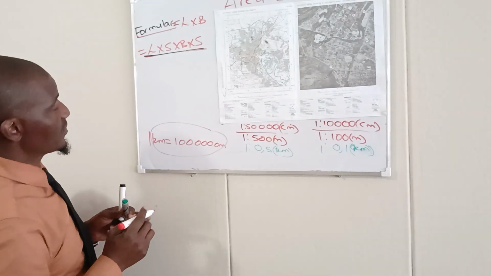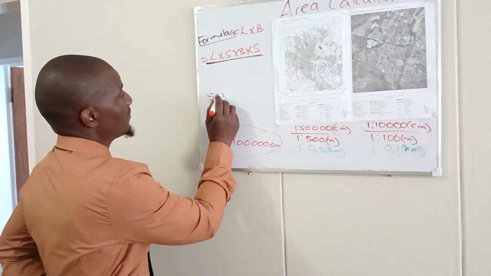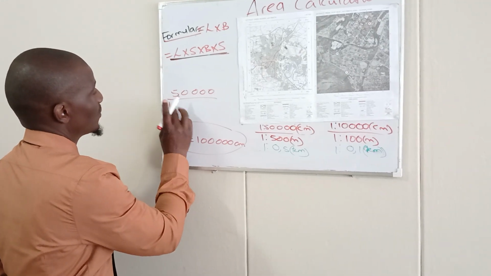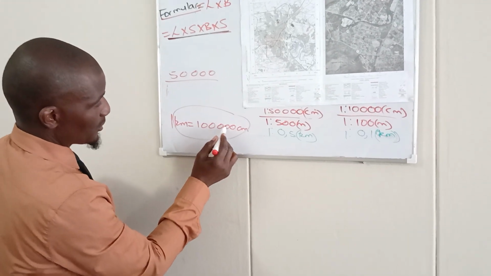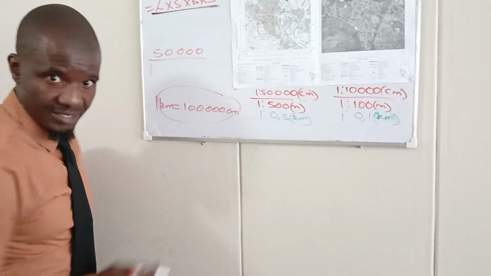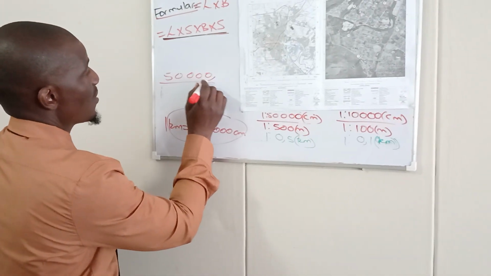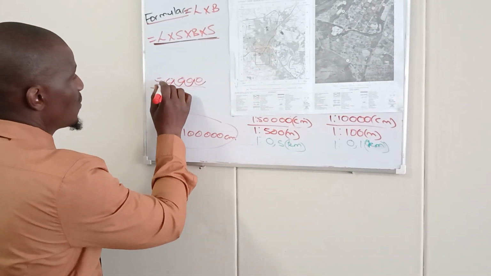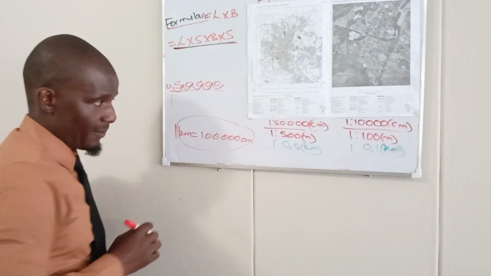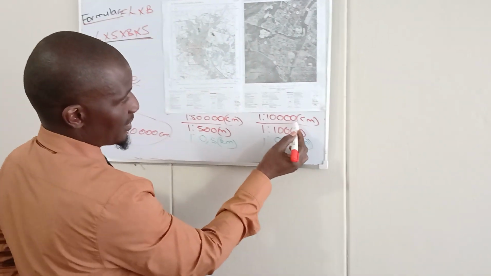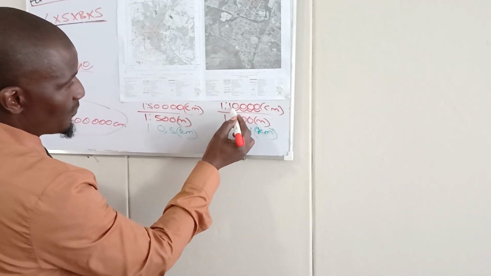So what I've done is I have divided my 50,000 by 100,000. 100,000 has zeros 1, 2, 3, 4, 5. So I've divided my 50,000 by 100,000 to get the kilometers, which means I'm just going to count backwards: 1, 2, 3, 4, 5. Means I'll end up with 0.5. That's how I got the 0.5. Same applies with my 10,000 here: 1, 2, 3, 4, 5.